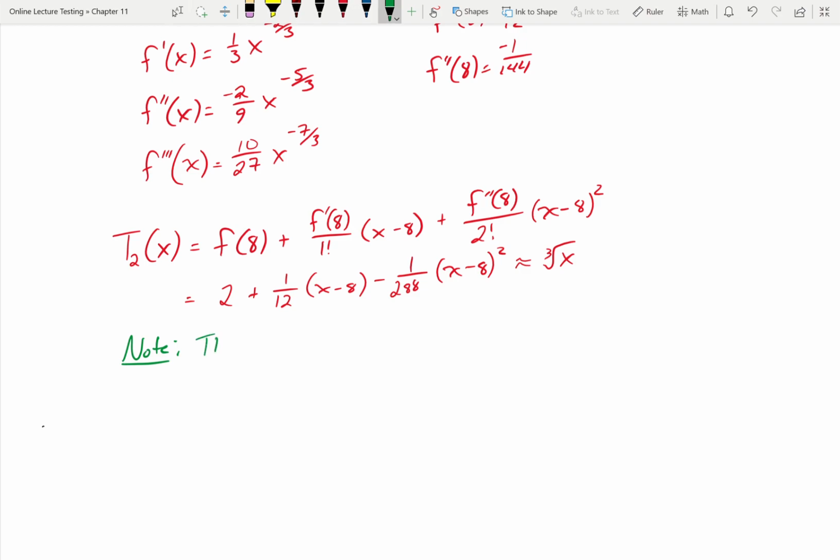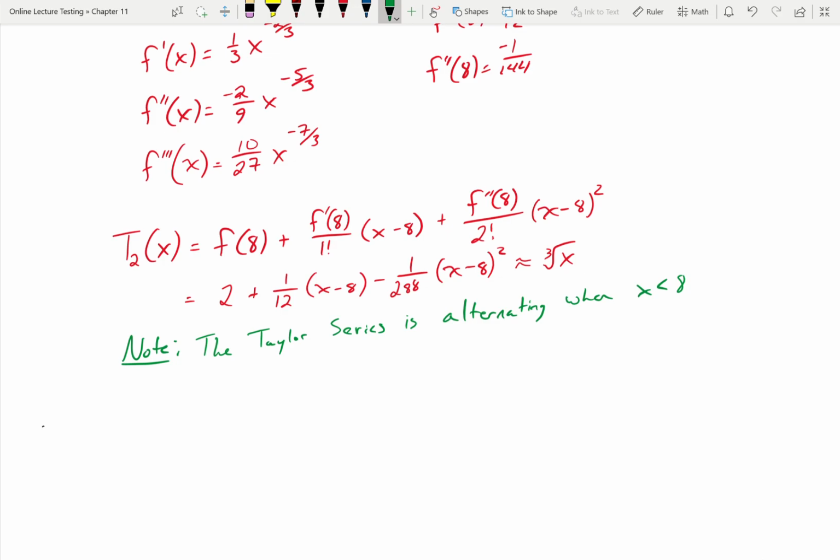The Taylor series is not alternating when x is less than 8. Because if we look at this, if the value of x is less than 8, then this becomes negative. This maintains as a negative. So we'd get negative values all the way through except for the first term.